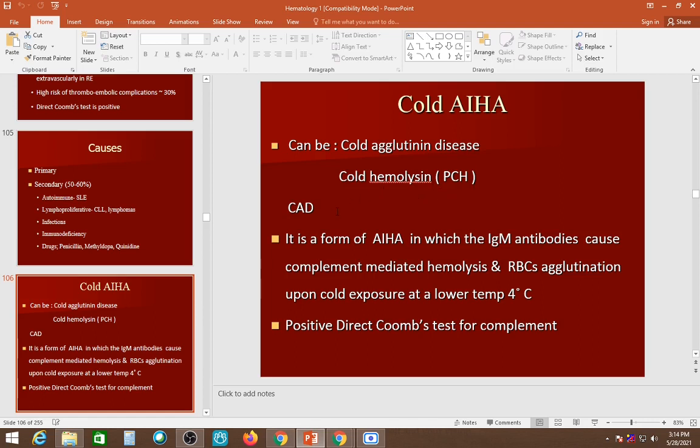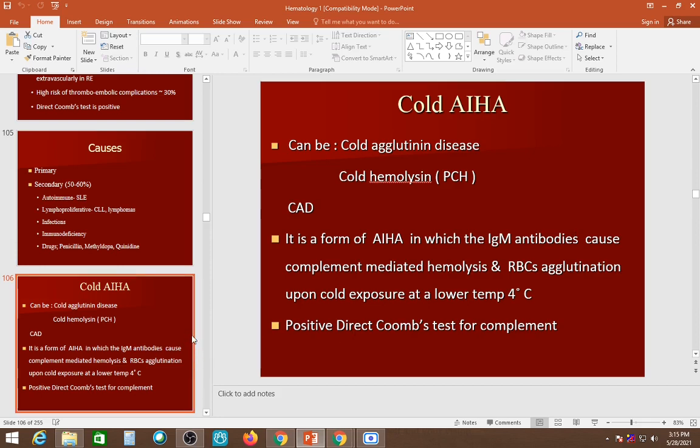Cold agglutinin disease is a form of AIHA in which the antibody is IgM, and it causes complement-mediated hemolysis and RBC agglutination upon cold exposure at a low temperature, 4 degrees Celsius. Here the direct Coombs test is positive for complement.